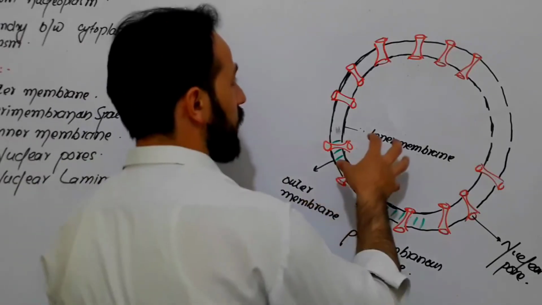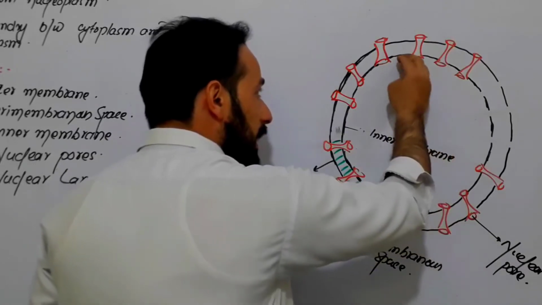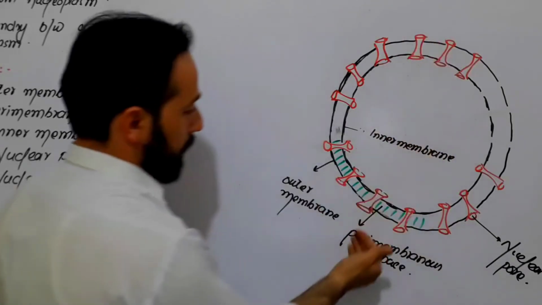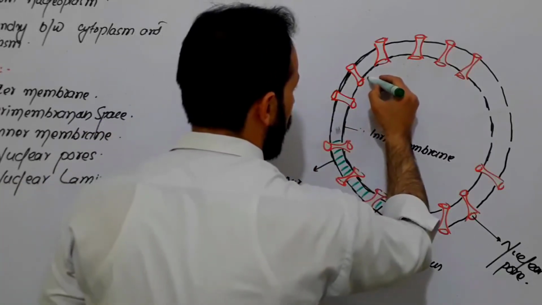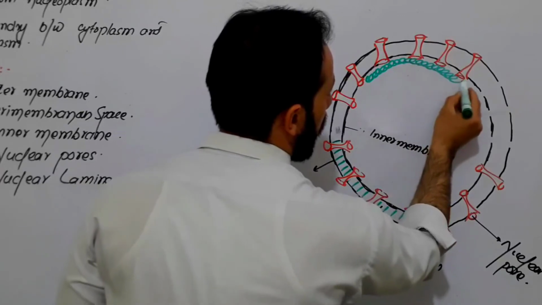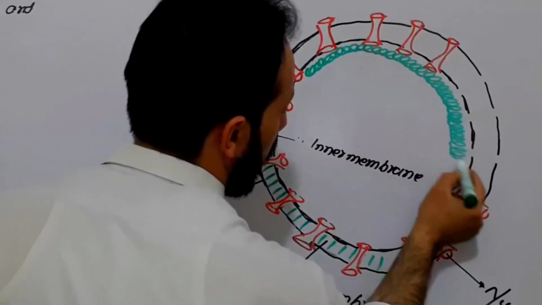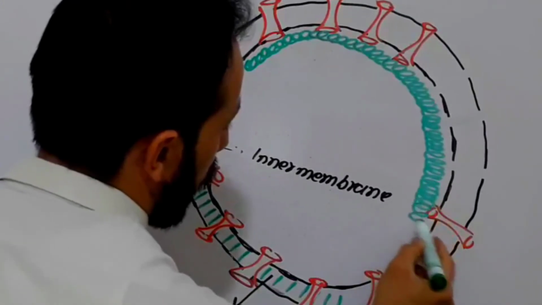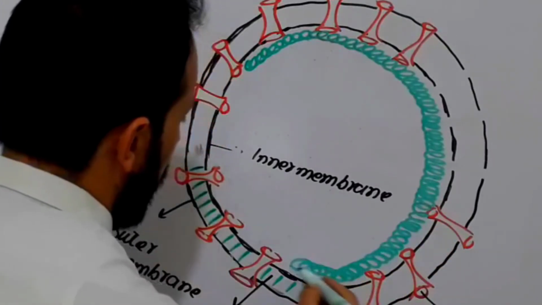The lamina of the nucleus is present inner to the inner membrane. This is the inner membrane. Inner to the inner membrane there is a protein-dense layer which is called the nuclear lamina.